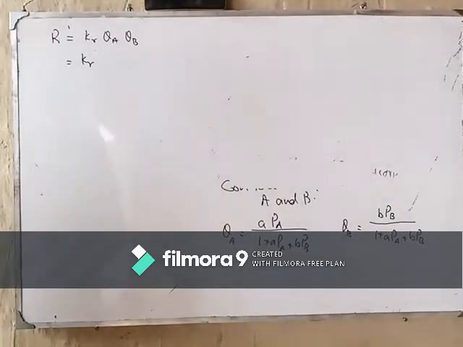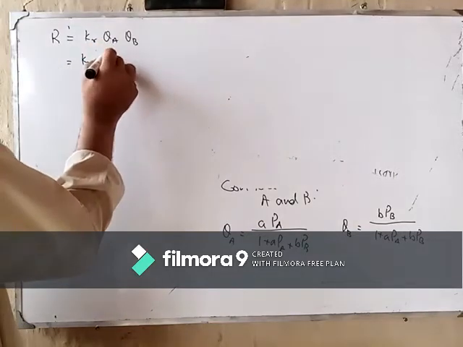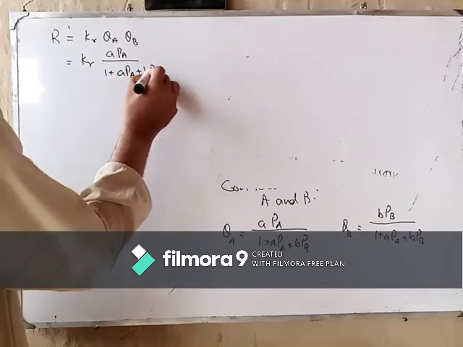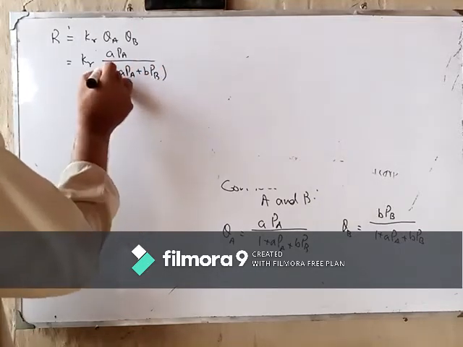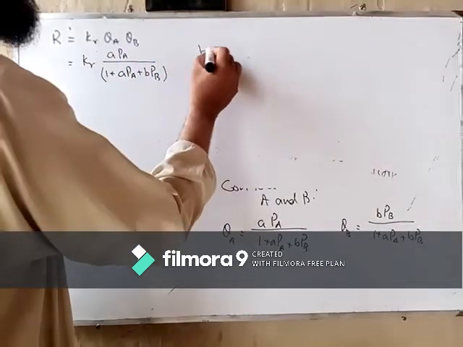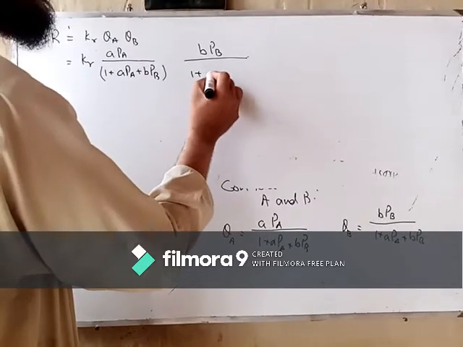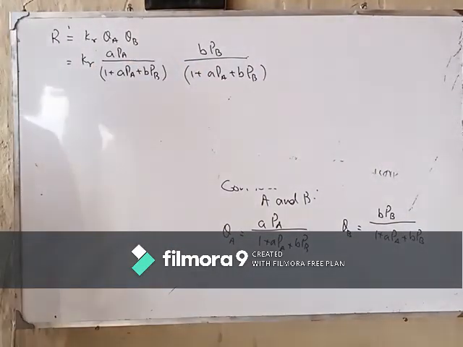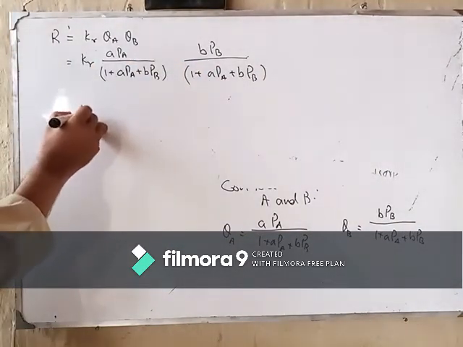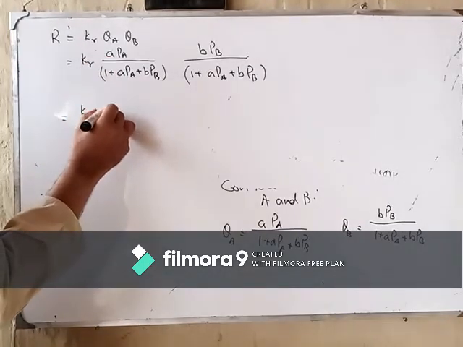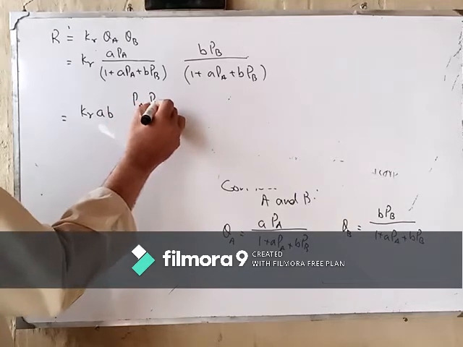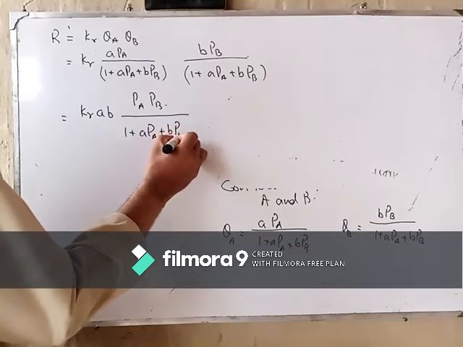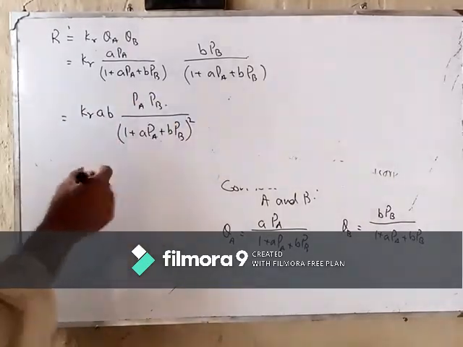So it is KR, theta A है A PA over 1 plus A PA plus B PB, और theta B B PB over 1 plus A PA plus B PB. कंबाइन कर लेते हैं कॉन्स्टेंट्स को. KR A B PA PB divided by (1 plus A PA plus B PB) whole squared. So that is the rate expression.